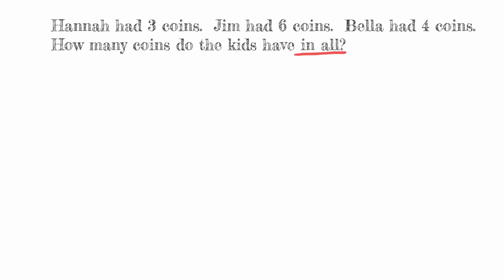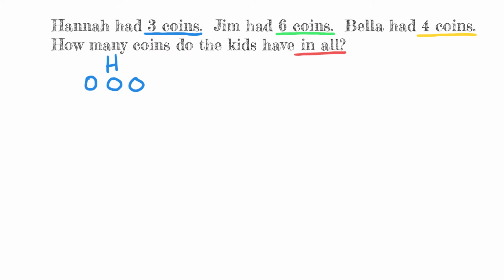So let's draw this out. Hannah, first we know Hannah had 3 coins. Jim, we know, had 6 coins. And Bella had 4 coins. So let's draw that and write it out. So we had Hannah with 3, 1, 2, 3, and I'm going to put an H there for Hannah.